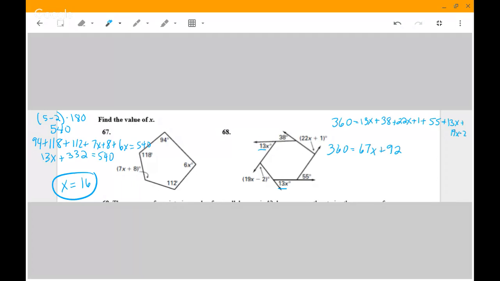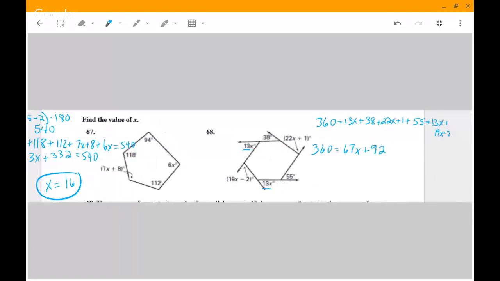I know you're working on something else there, but are you following this problem okay? Yes. So x would equal how much? That was 4, right? If I worked it out. 4. That's right.